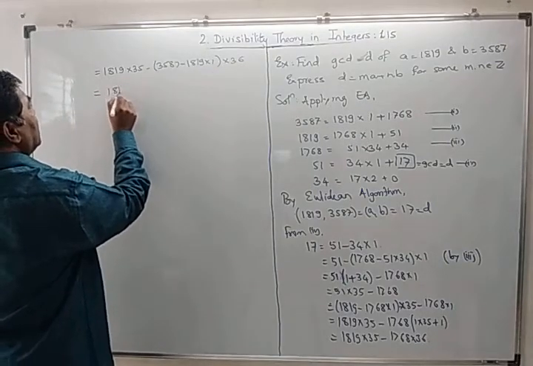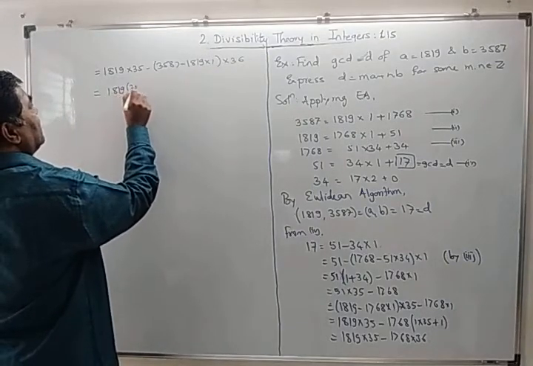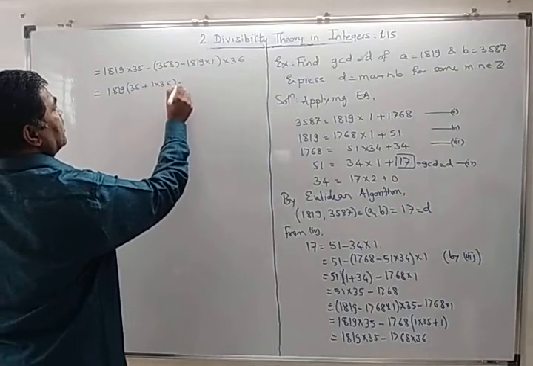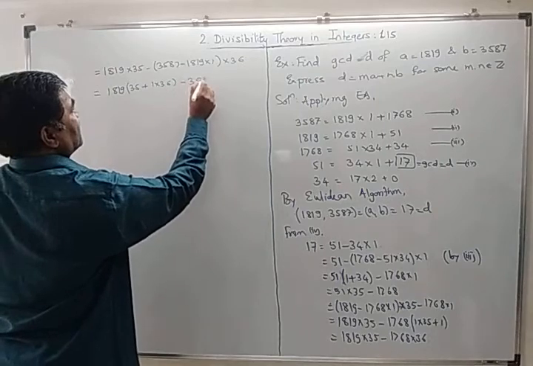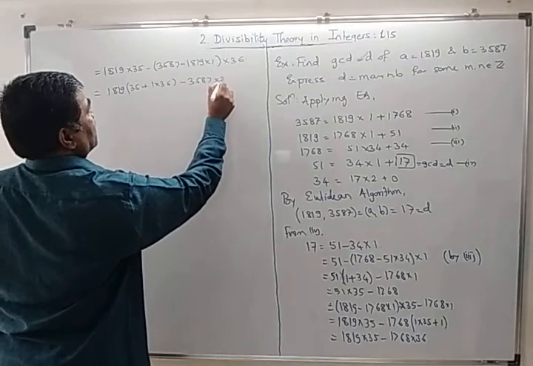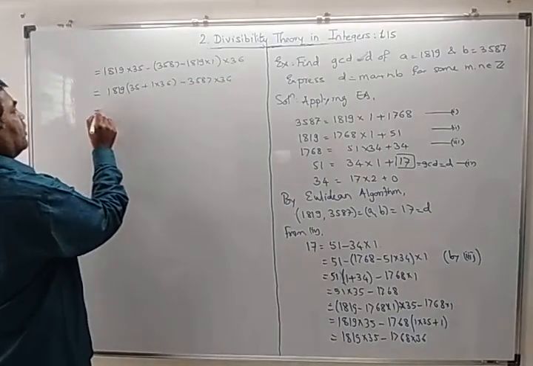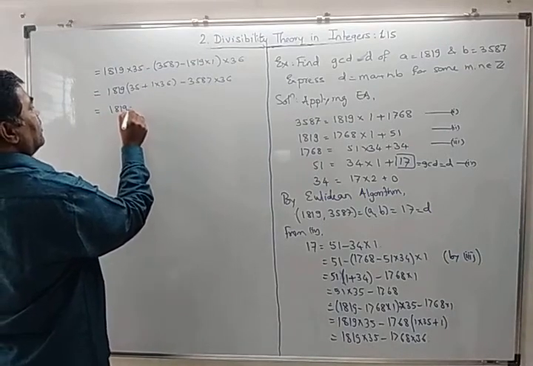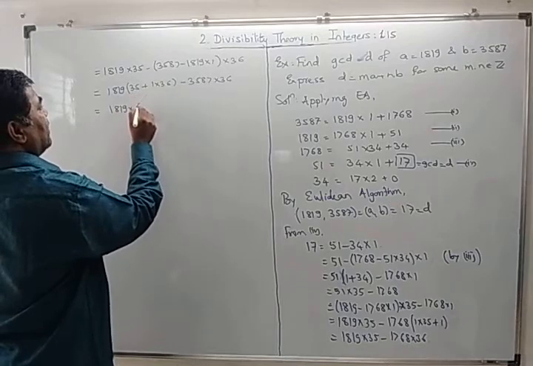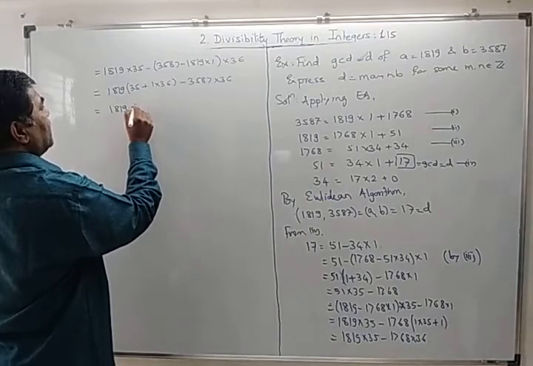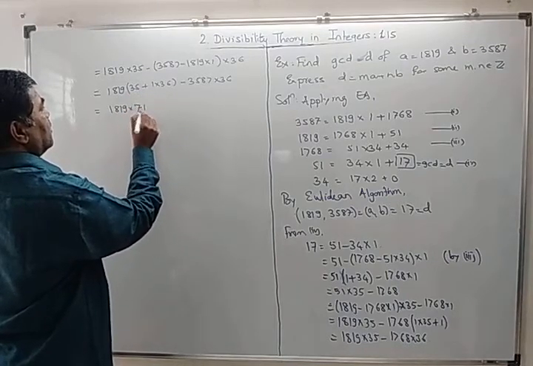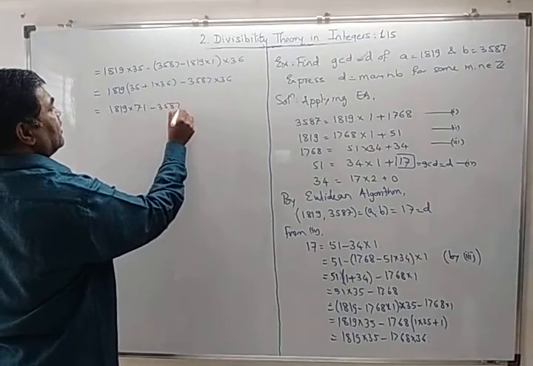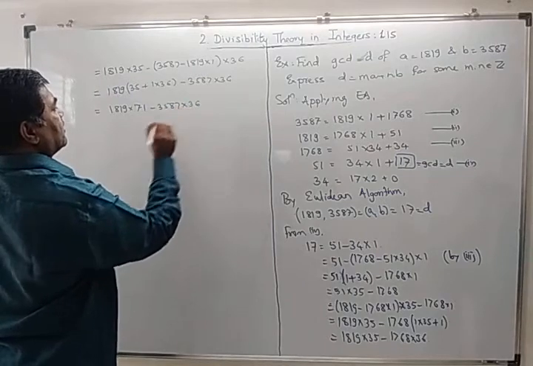So 1819 in bracket 35 plus this 1 into 36, minus 3587 into 36, which is nothing but 1819 into 71 minus 3587 into 36.